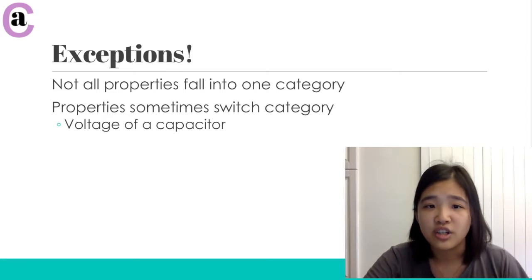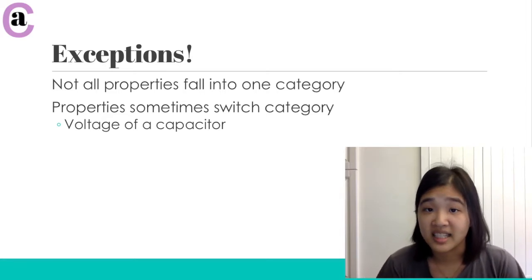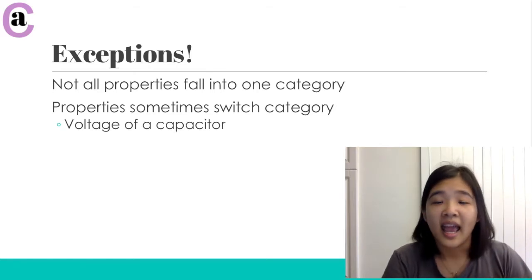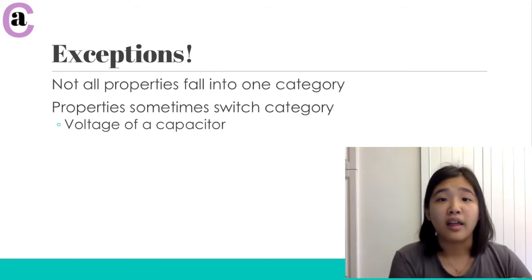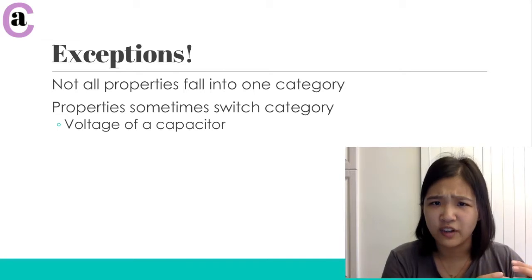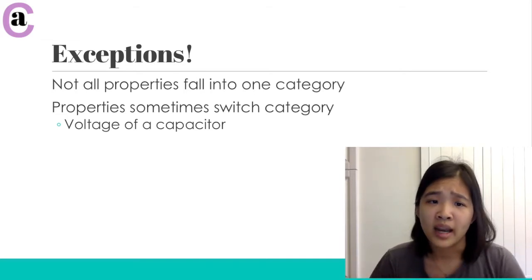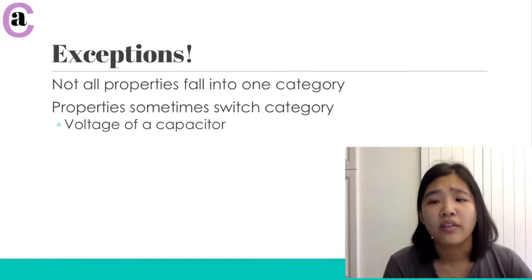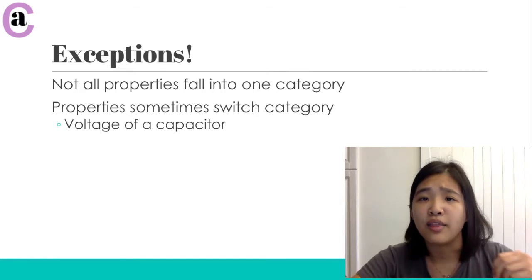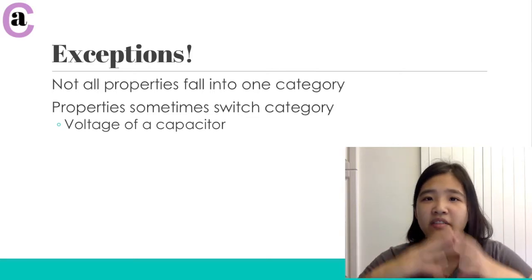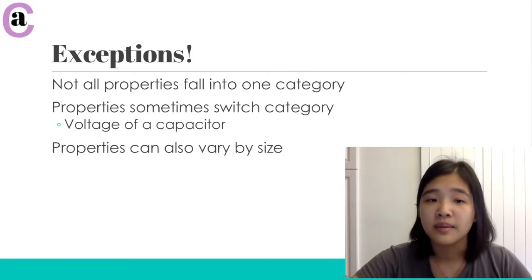Take the voltage of a capacitor, for example, when you have them in series and in parallel, the property is different because they don't always just add up to each other, right? If you have them in series or if you have them in parallel, the way that you get the total capacitance of a system is different.